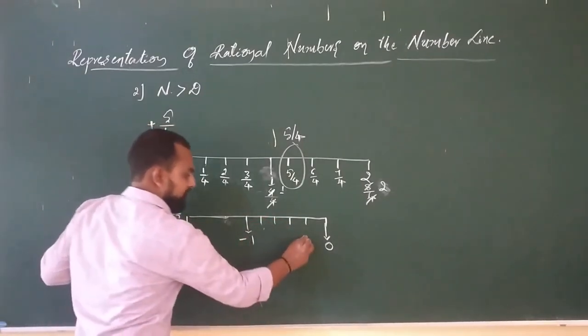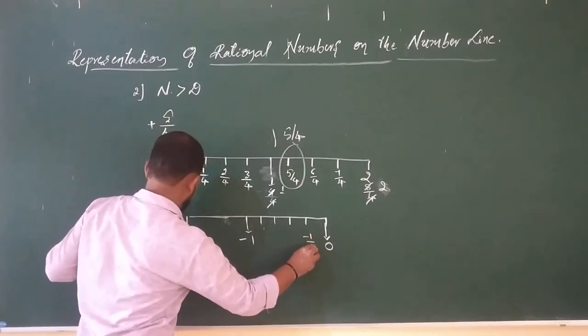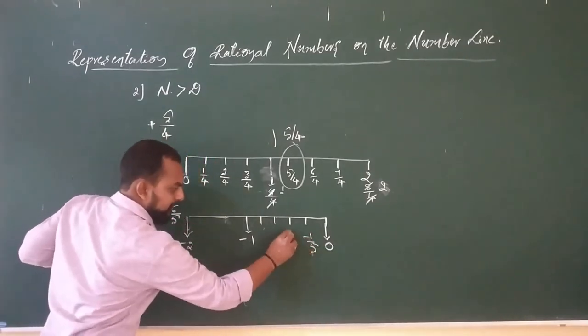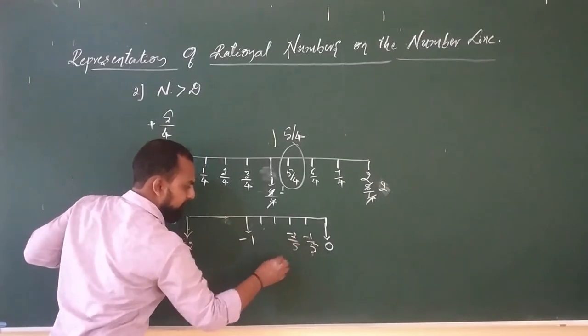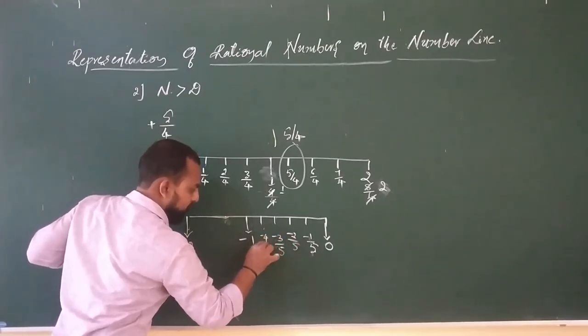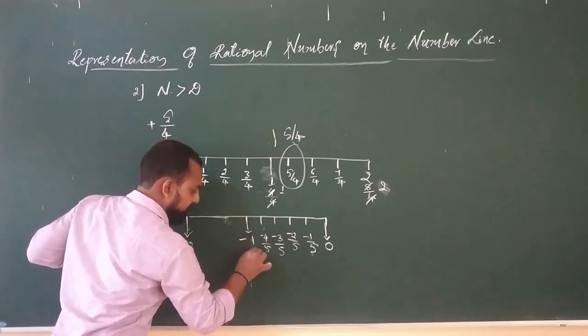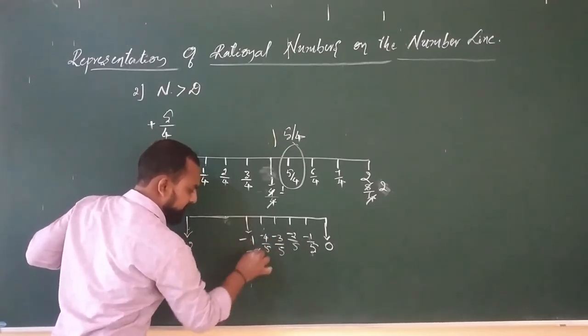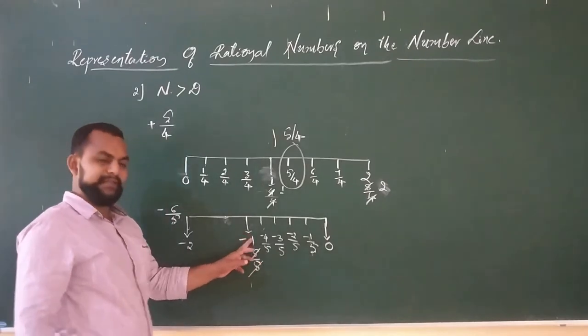Here this is minus 1 by 5, this one is minus 2 by 5, minus 3 by 5, minus 4 by 5, and this one is minus 5 by 5. Minus 5 by 5 is nothing but minus 1.